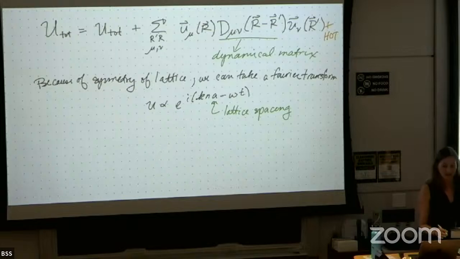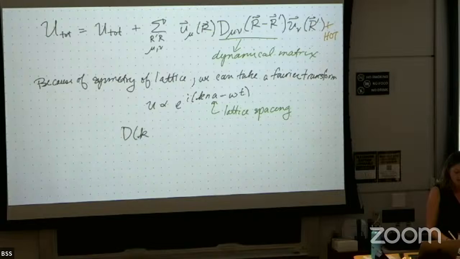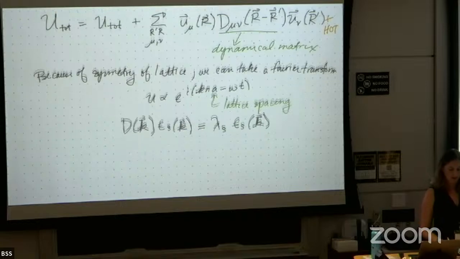But once we take this Fourier transform, we get something really simple. We have all of the spatial information as a wave number k, and this is now a very small matrix that we can write an eigenvector, eigenvalue equation for.